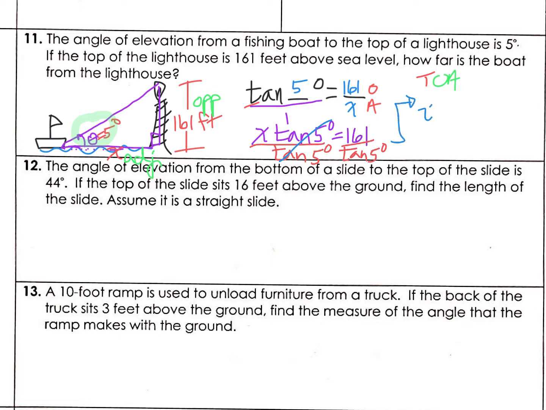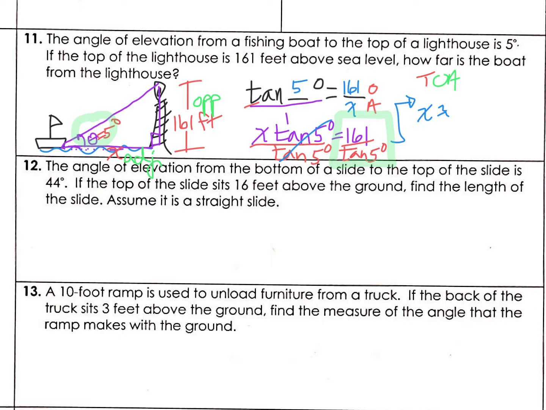And so I get x is approximately equal to, and of course, this is what goes in your calculator. Remember when you pick up your calculator to check your mode, to make sure that your mode is in degrees, that degrees are lit up. And then I'm going to put in 161 divided by the tangent of 5 degrees.